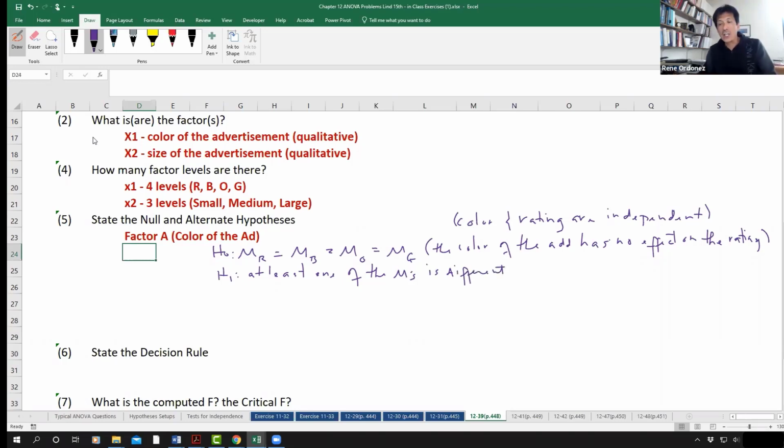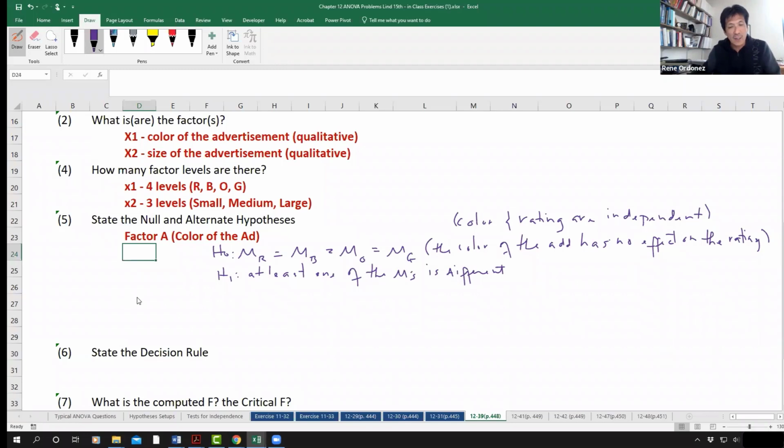Okay, translation of this alternative hypothesis: the color of the ad has an effect on the rating, or the color and rating are dependent or are correlated. So that's the factor A.